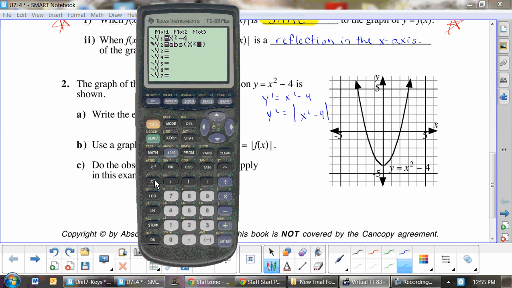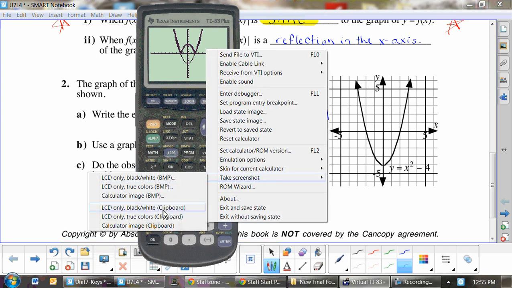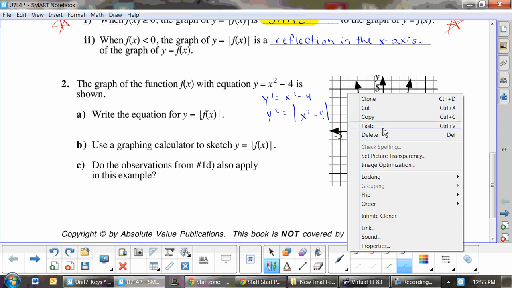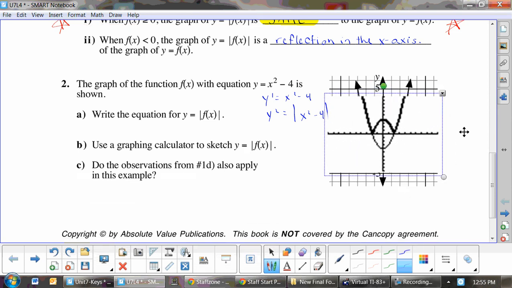Yep, if there's an x squared, it's a quadratic. Okay. So this time, I'm not going to try and draw it. There we go. So here you can see that the same thing is true.